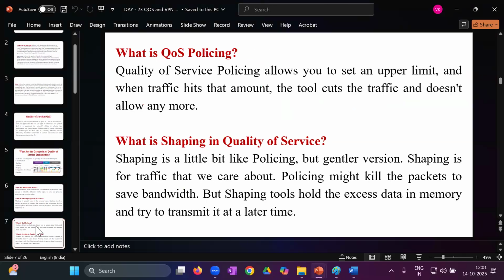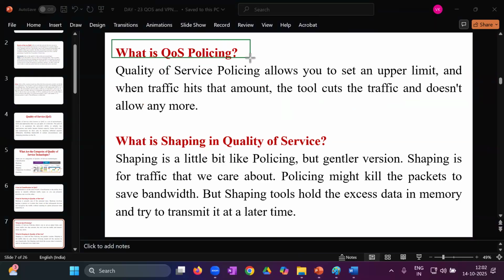Then what does it do? Policing. What is policing? In policing, it sets an upper limit. Let's say I have set an upper limit that this particular traffic has to use only 25 Mbps. Now, while transmitting, if it is using 30, when I have told it to use 25, it means more than that.